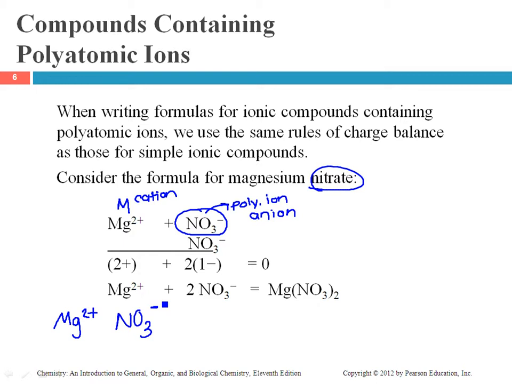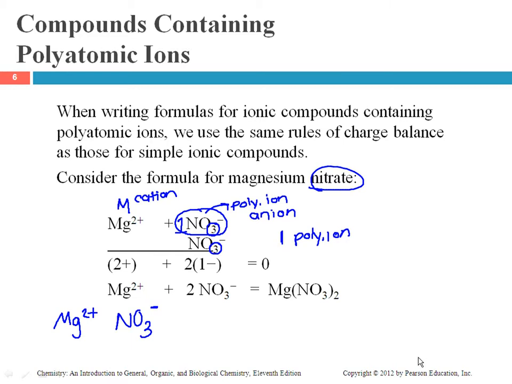The thing that sometimes gets students is they want to include this 3 as the total number of atoms. This is not the case. You do not use this 3. You have 1 polyatomic ion, you just have 1. You do not have 3.